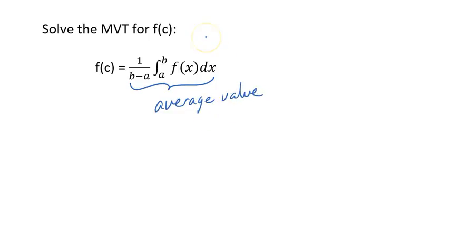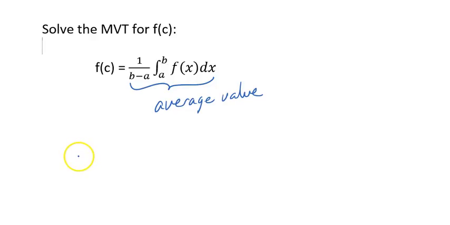And so you will be asked to find the average value in certain problems. And this actually comes up more often than your mean value theorem for integrals. This is a useful formula, and you'll see it in free response questions and multiple choice questions.